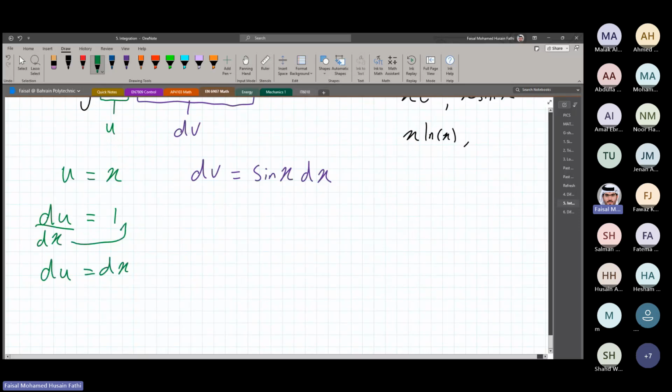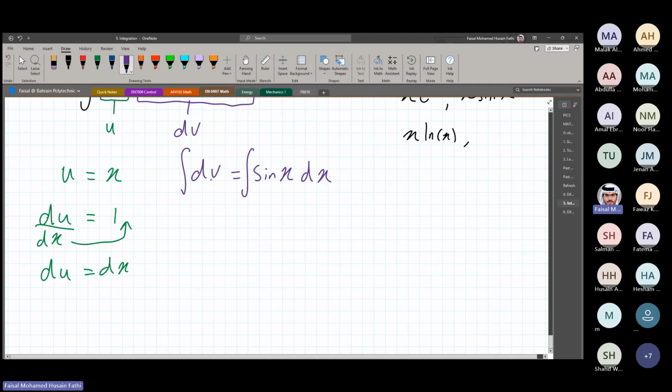For dv, to go from the differentiation form back to normal form, we have to integrate both sides.